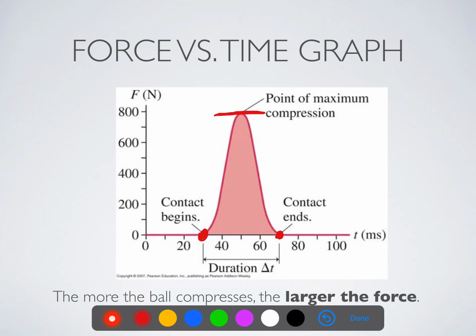Notice it makes sense how this graph is shaped. It starts off with not a lot of force, but then over time that force increases until it reaches a maximum and then decreases until the ball is no longer touching that wall. So the more that ball compresses, the larger the force on that object. If it's just a quick little collision, there's going to be less force. If it is a longer collision, more impulse, probably going to be a higher force.